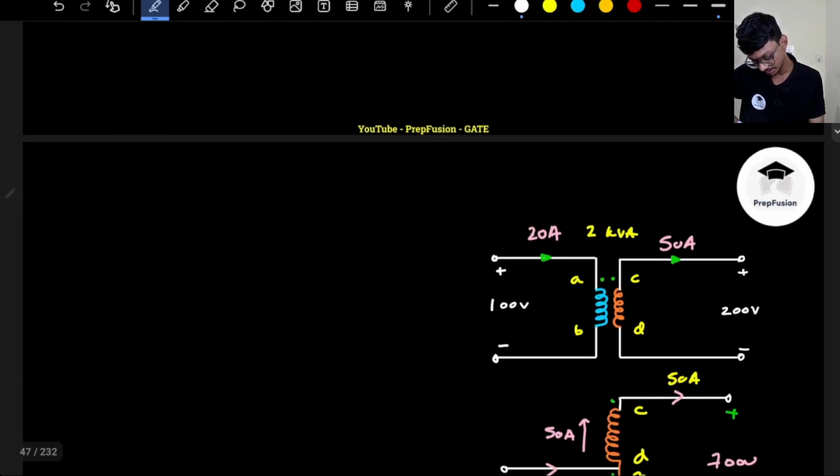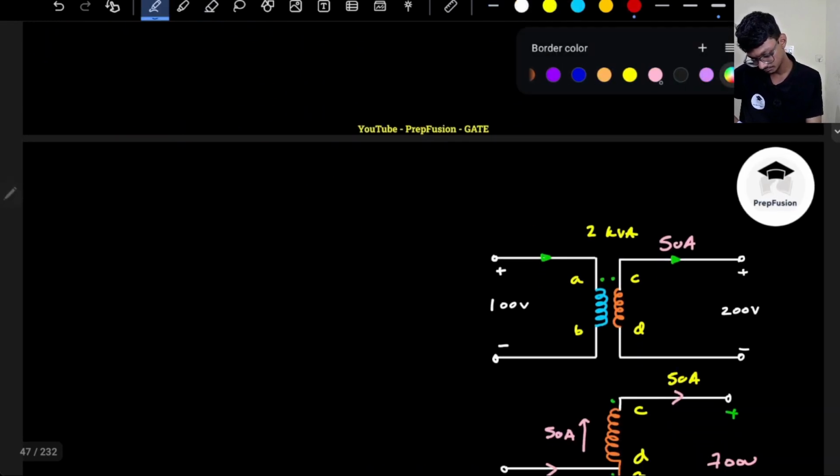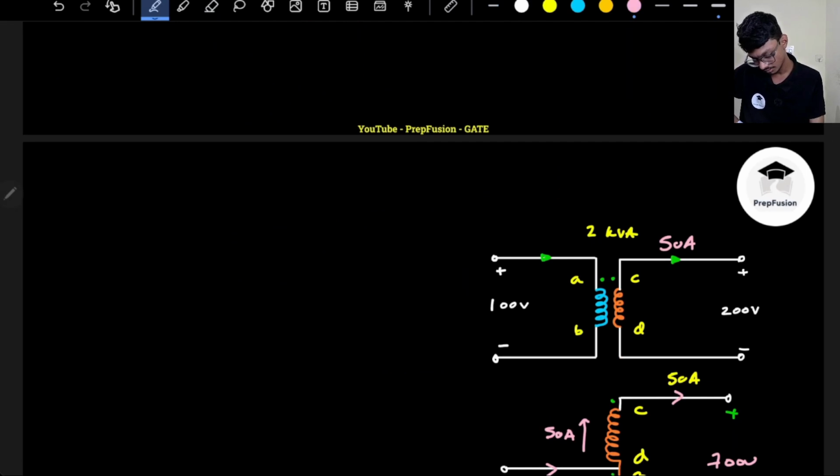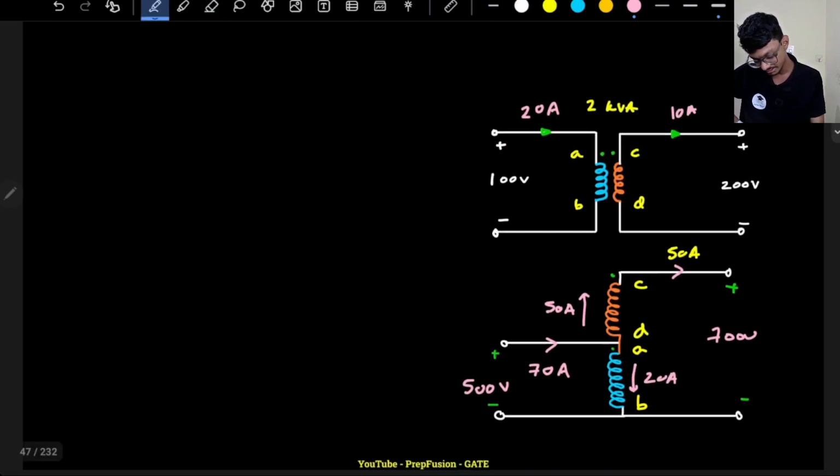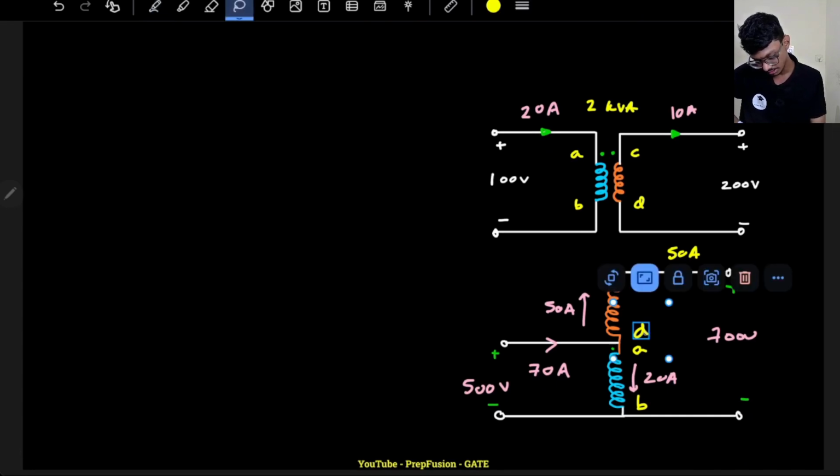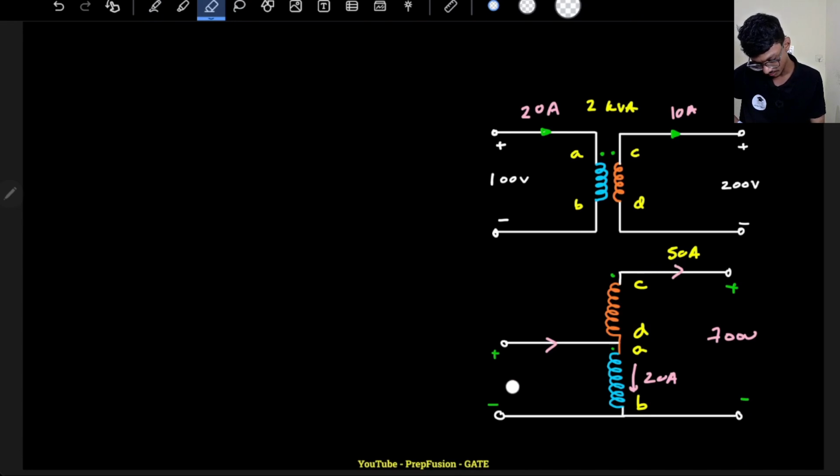The current here is 20 amperes and the current here is 10 amperes. Now, let's reconnect, and first of all I want to connect C and B. If I reconnect and connect C and B, what will happen?